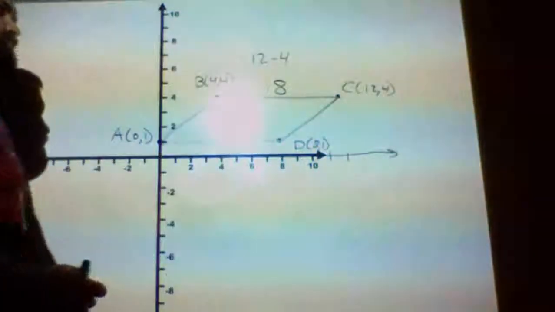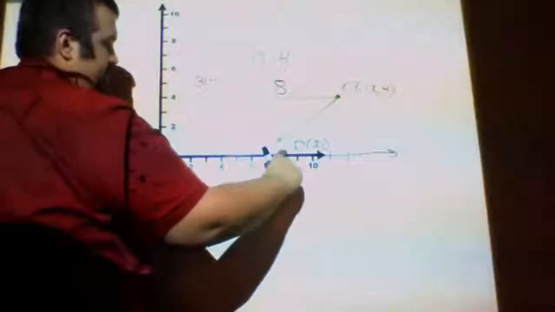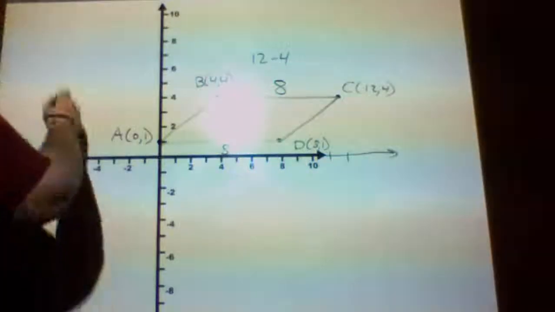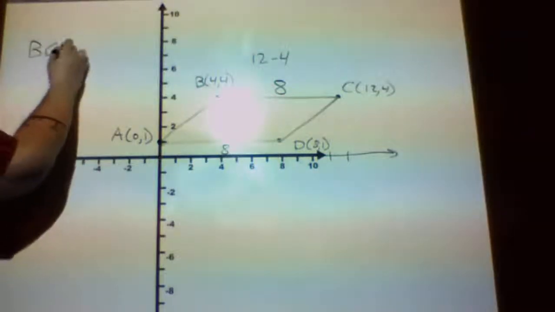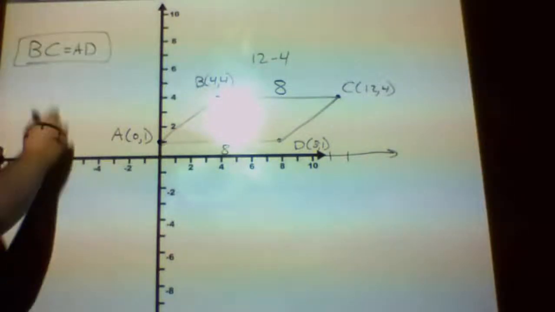I can show a little bit of work. 12 minus 4. I can do the same thing down here. It's the same spot vertically. So 0 and 8. So I do 8 minus 0, which would be 8. I have lengths being equal. So I've already shown that the length of segment BC and the length of segment AD are equal.